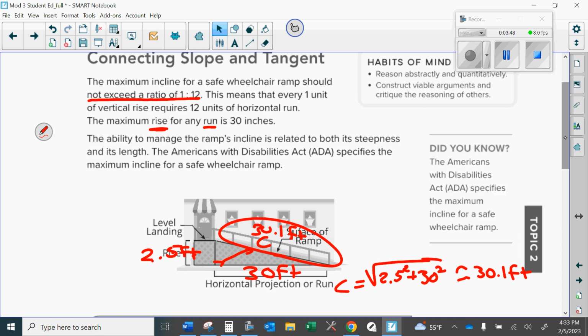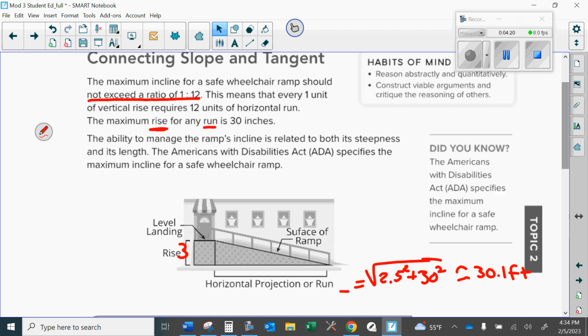Down here I just made up my own numbers. The ability to manage the ramp's inclines relates to both its steepness and its length. The Americans with Disabilities Act specifies the maximum incline for a safe wheelchair ramp. That's who says that. So it says the max rise for any run is 30 inches.